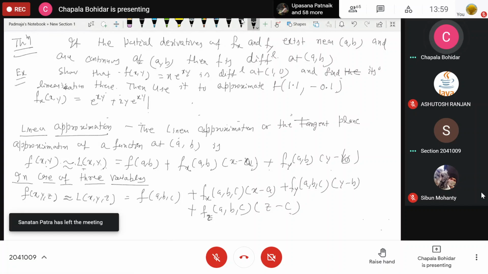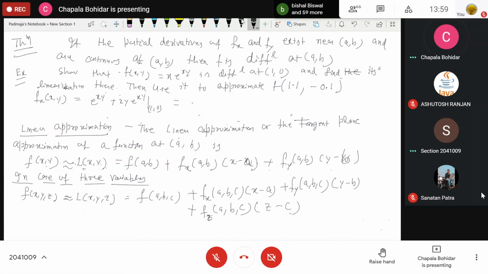At the point 1, 0, it is coming 1. Similarly, fy of xy is x square e to the power xy at the point 1, 0.